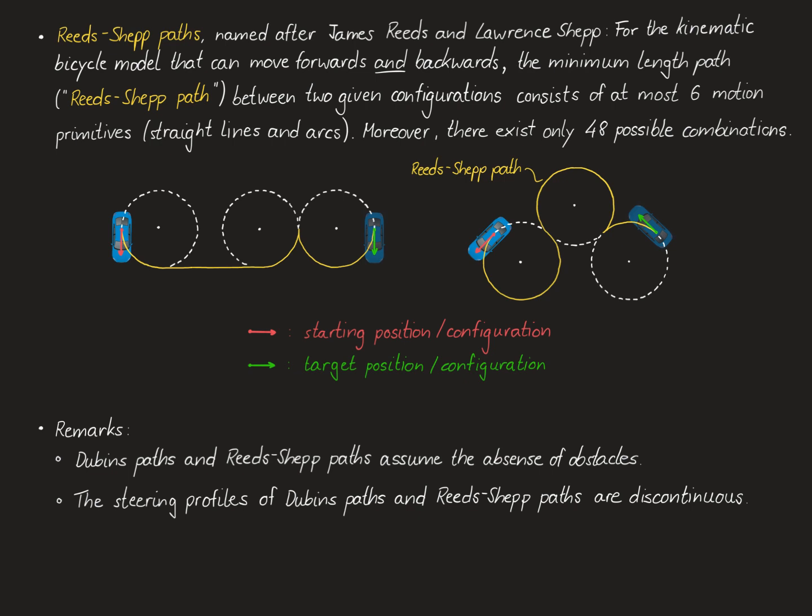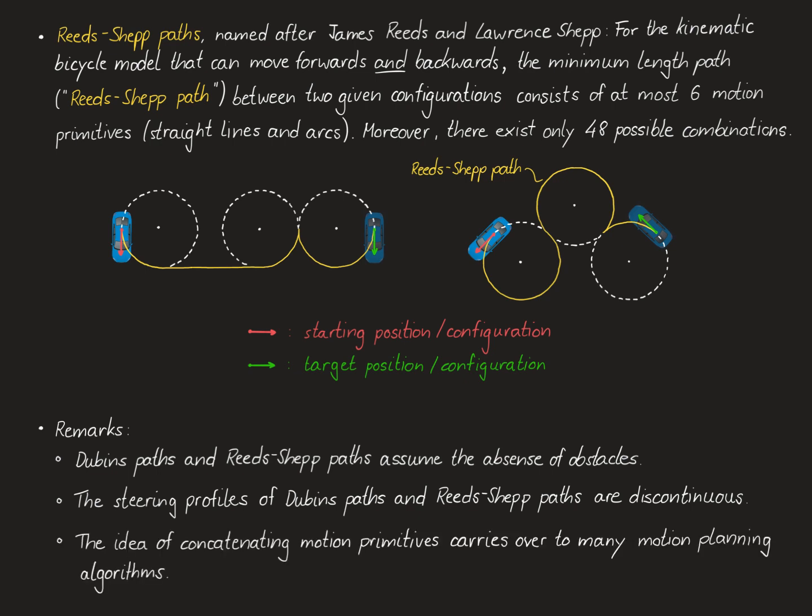And 2, since changing the steering angle always takes a little bit of time, we have to stop the vehicle at each of these transition points, here, here, and here, in order to change the steering angle between the discontinuous values. Again, a lot of modern research has explored possible extensions to the original Dubin's path and the original Reed-Shep path in order to get rid of this problem of discontinuous steering profiles.